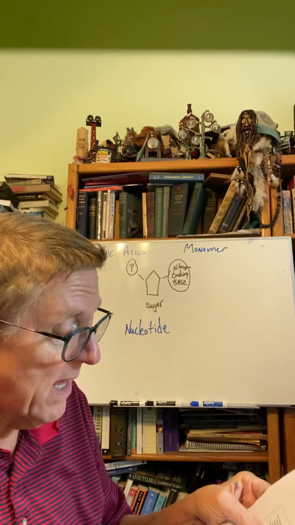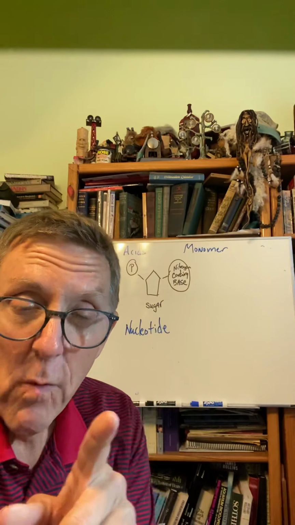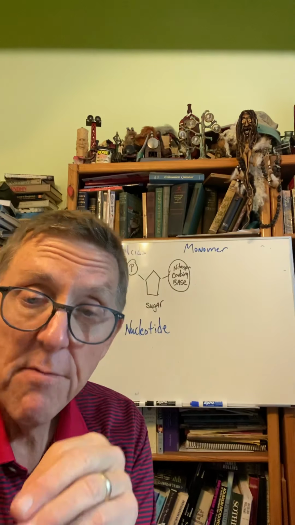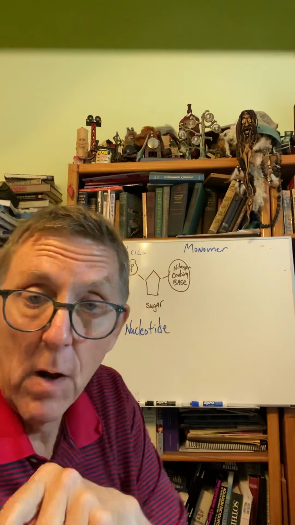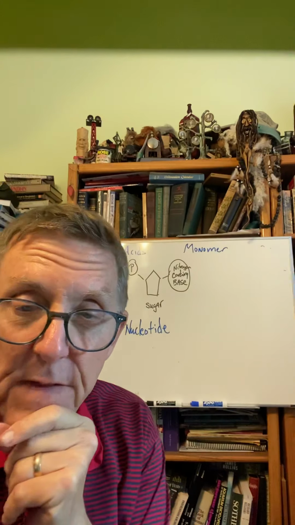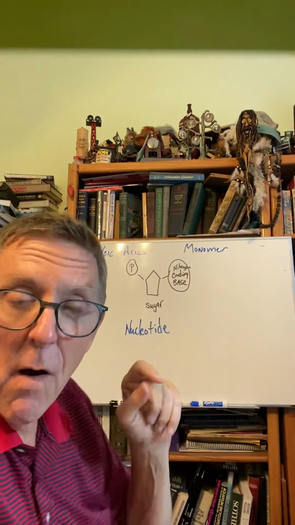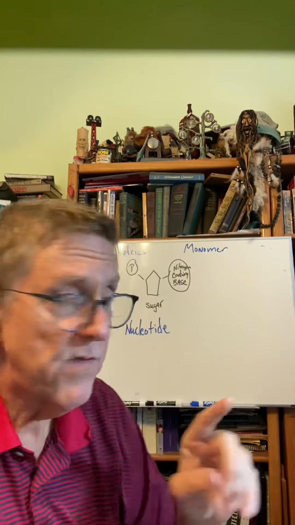Okay, so another difference we have. So when we talk about DNA versus RNA, DNA has a different sugar, deoxyribose, from the RNA, which has a ribose sugar. And then the bases are really similar, but there's one difference.